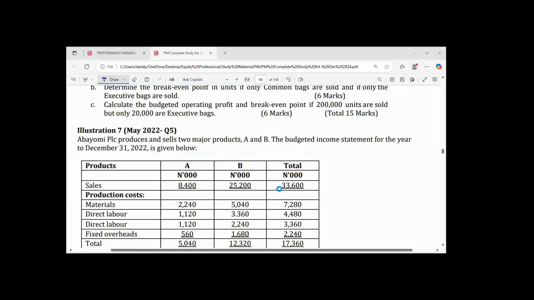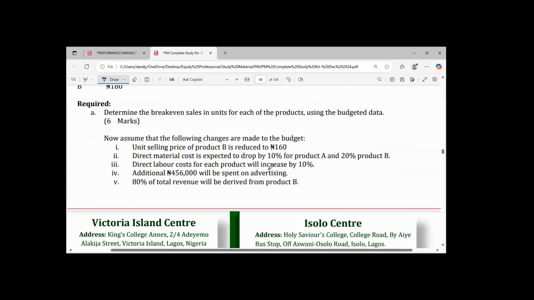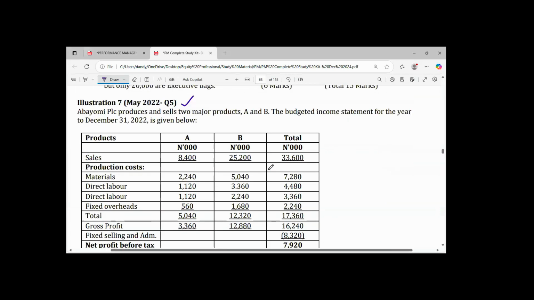So Abayomi, this is the last question we are going to solve on CVP. So I need somebody to read Babayomi's illustration 7 on page 67.